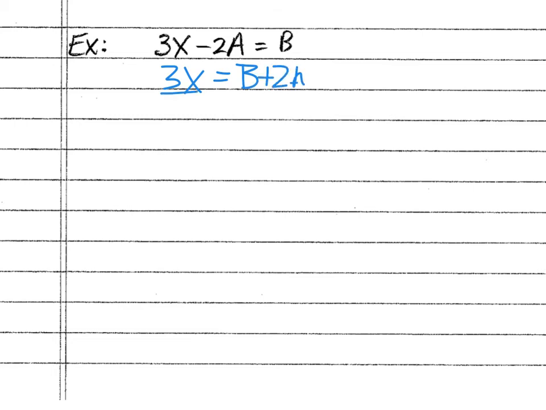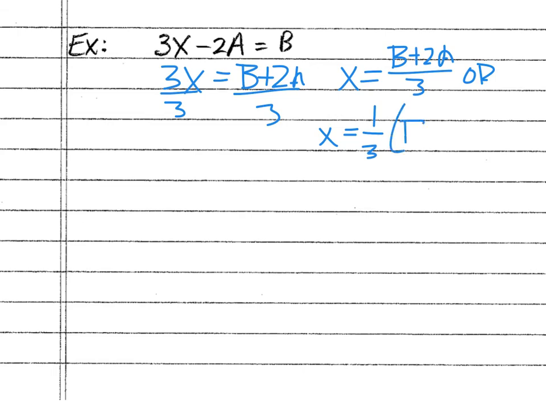And then I'm going to divide both sides by 3 because I want to get x by itself. So x equals B plus 2A all divided by 3. Or I'm going to write it like this: x equals 1/3 times B plus 2A.